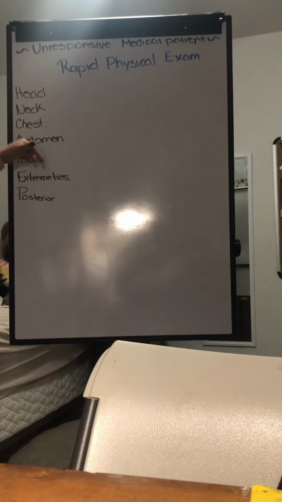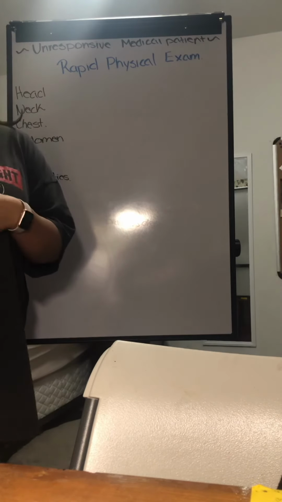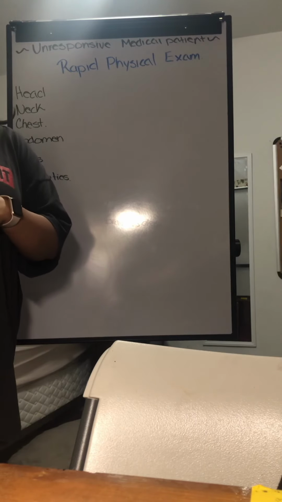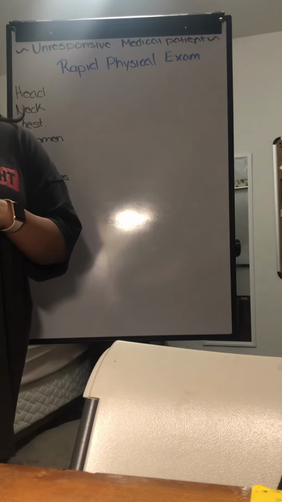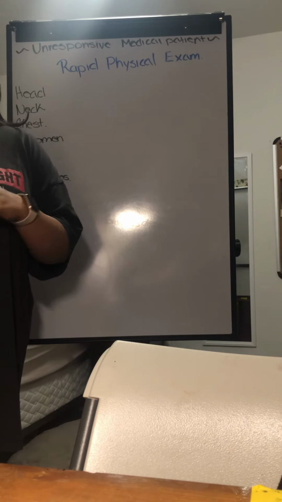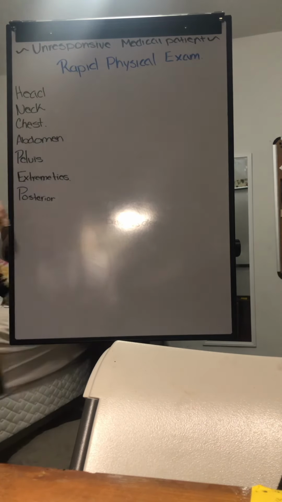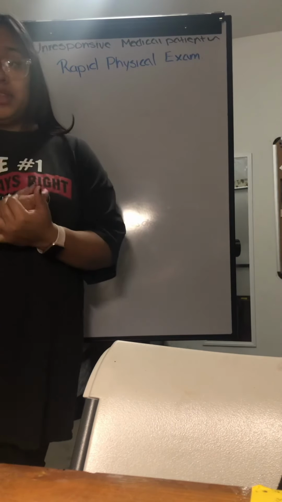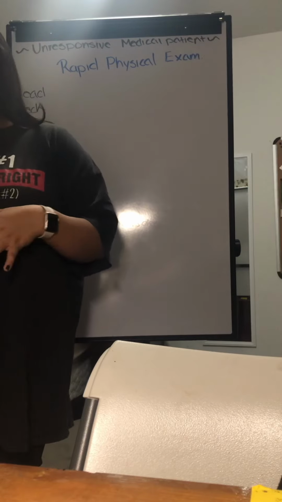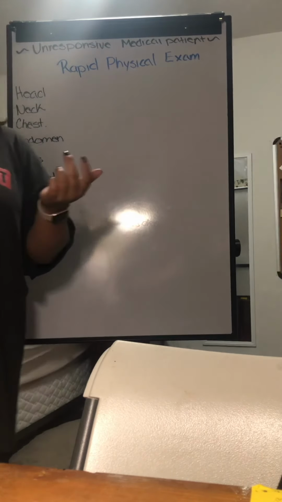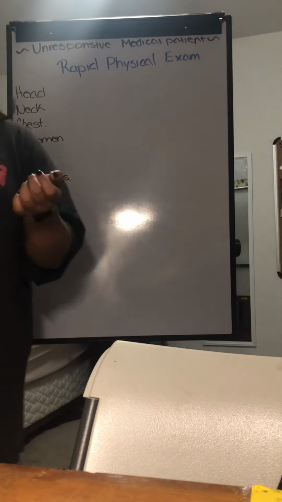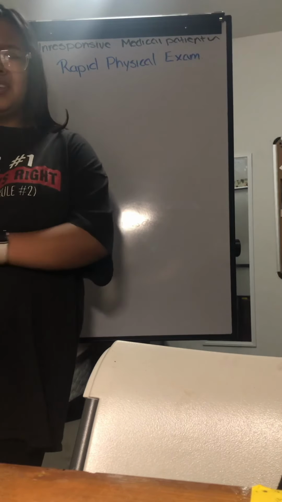And then for the abdomen, we're looking for distension, firmness, and rigidity. And for the pelvis, we are going to be looking if they have no voluntary control over urine or feces. So the incontinence, I think it's called incontinence.